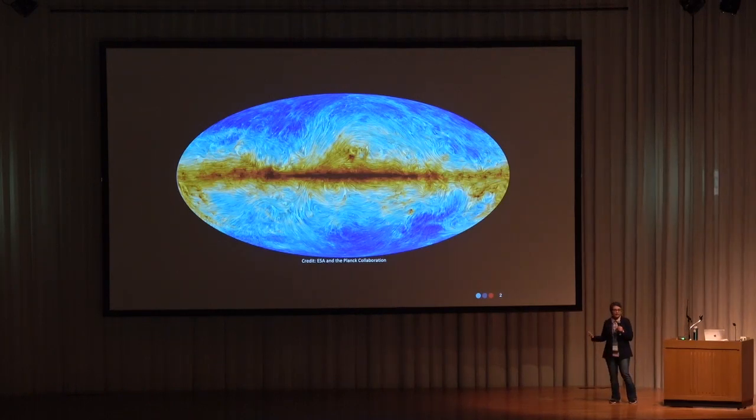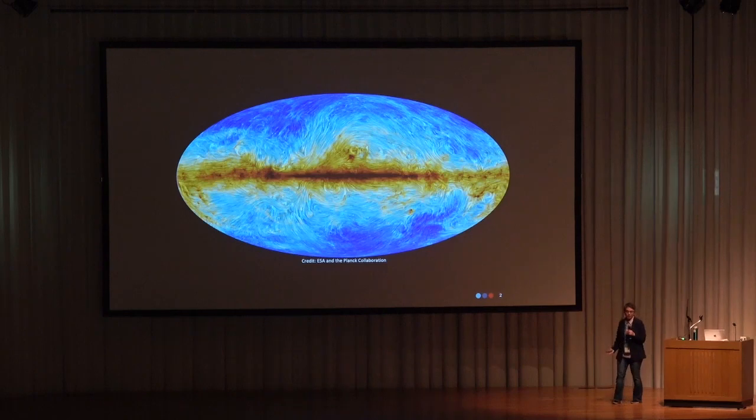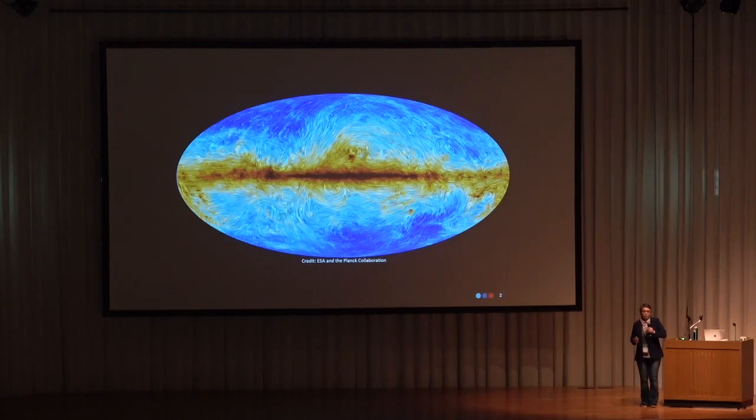We've made significant progress since the last Protostars and Planets meeting, and there have been many observations, for example, by Planck, James Clerk Maxwell Telescope, SOFIA, ALMA, VLA, LOFAR, and others. For example, here I'm showing the Planck observations that observed the plane-of-sky magnetic field, as you can see with the drapery lines here.